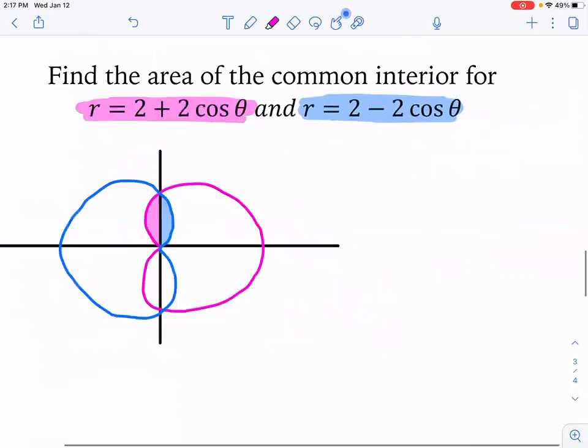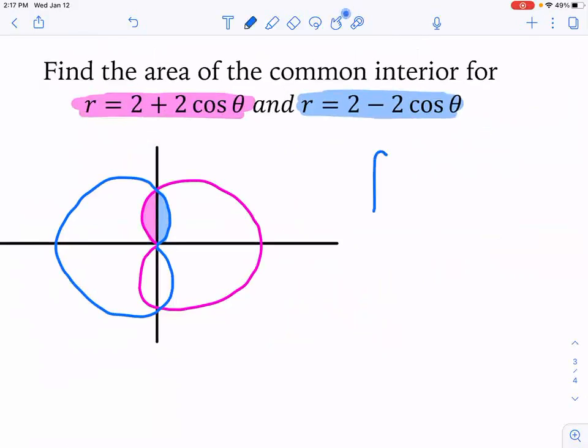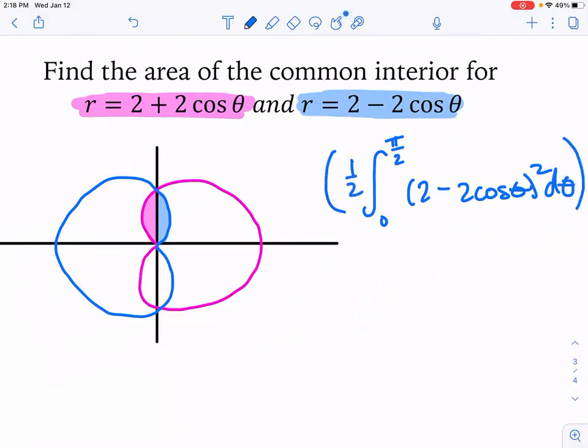So we could go from 0 to pi over 2 of which graph? Nope, not either. The blue one. And we would quadruple that area.